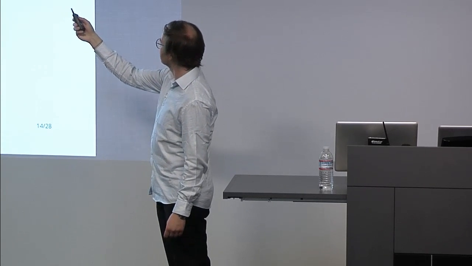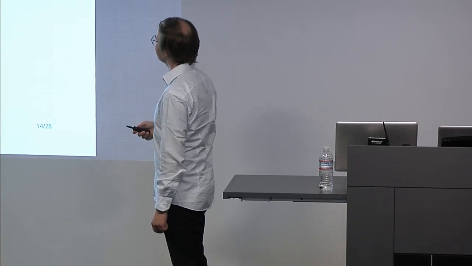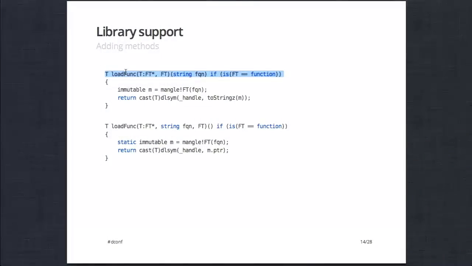Let's have a look at it. It's loadFunction. It takes a type of a function pointer, and only a function pointer, which is ensured by the constraint. And as an argument to the template function, it takes a fully qualified name. What it does then is use another function to construct the mangled name out of it.